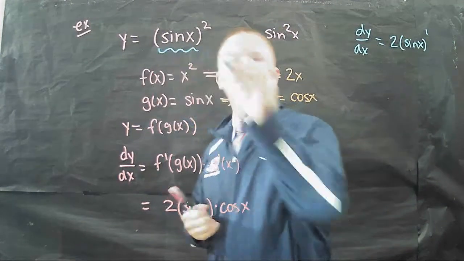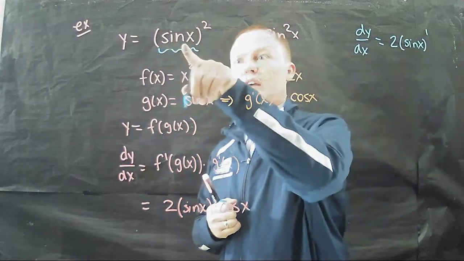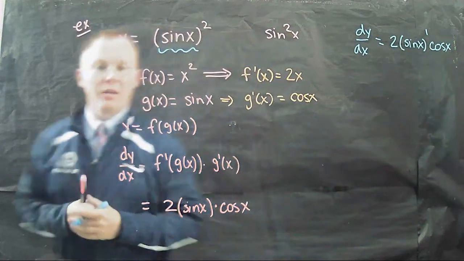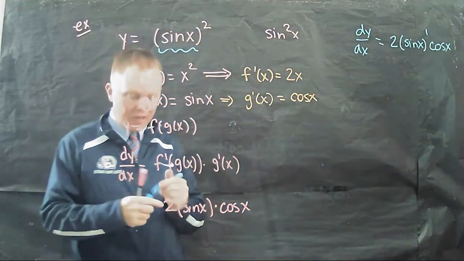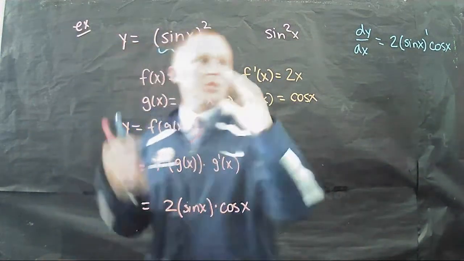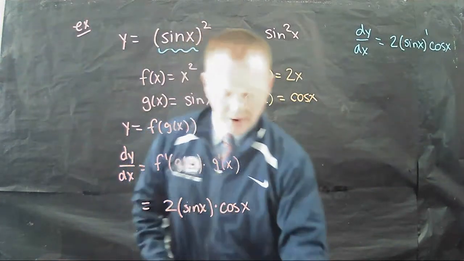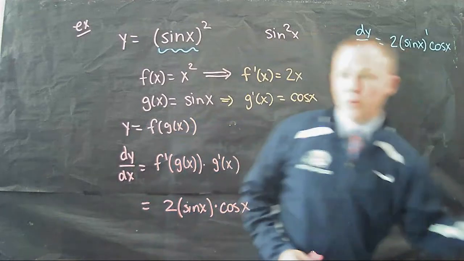Then multiply by the derivative of the inside. And what's the derivative of sine of x? Cosine of x. Okay? So it's just a little bit of a quicker way to go about doing it. You take the derivative of the whole thing, and then you multiply by the derivative of the inside. Okay? Let's do another example.